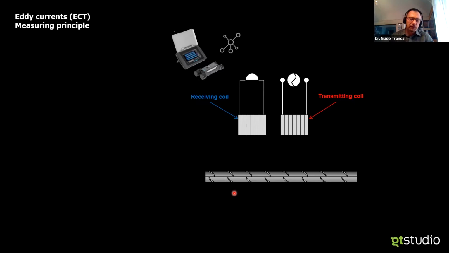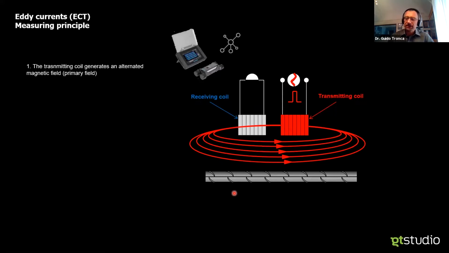arrangement of the different coils that are used to investigate steel, but the basic principle relies on a transmitting coil that is where current is driven in order to generate a magnetic field which induces surface currents onto any electrical conductive body.